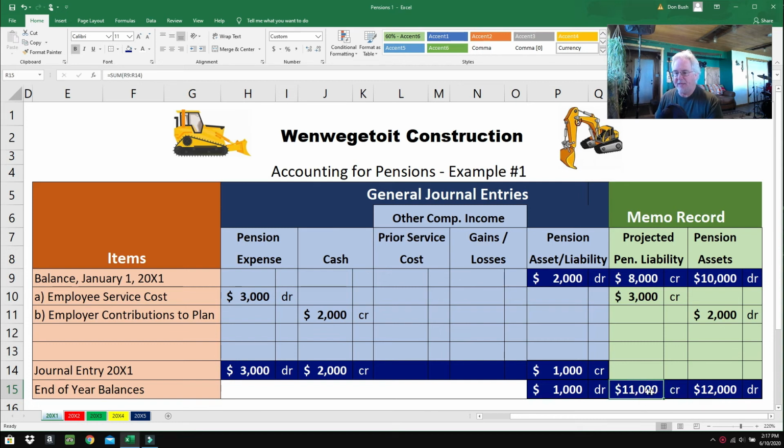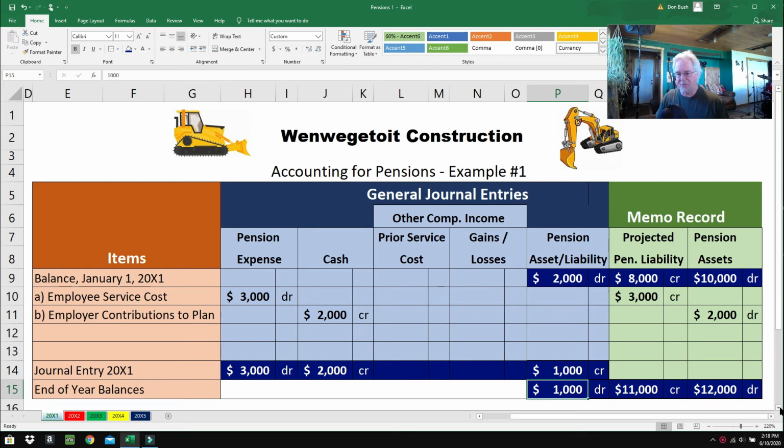So if we net these two numbers together, the $12,000 debit and the $11,000 credit, we get a $1,000 debit, which equals that right here. So it works horizontally and it works vertically. So when you're doing this worksheet, if it doesn't work out this way, there's a mistake someplace.